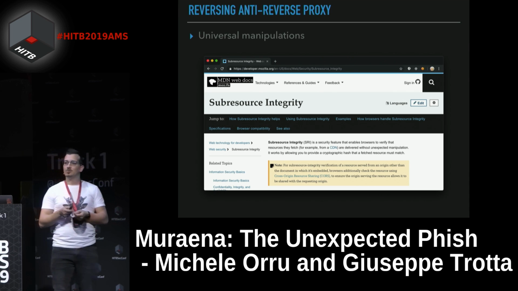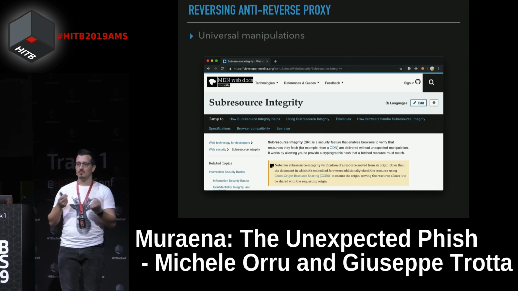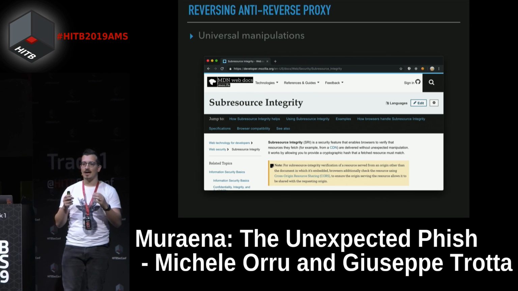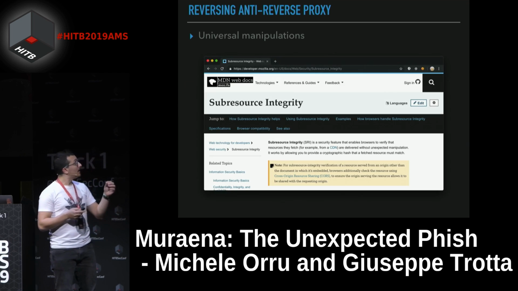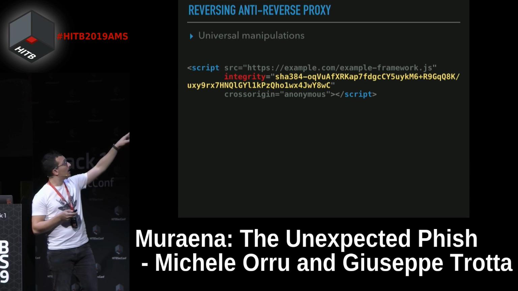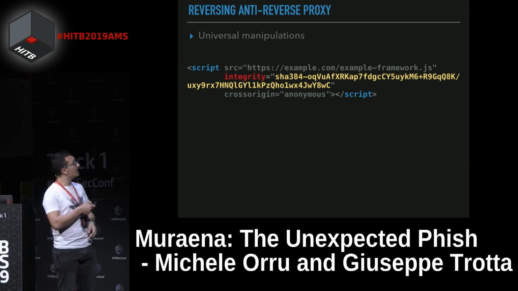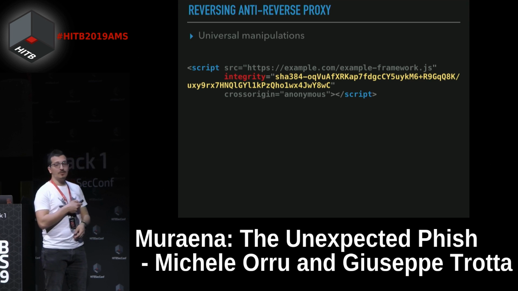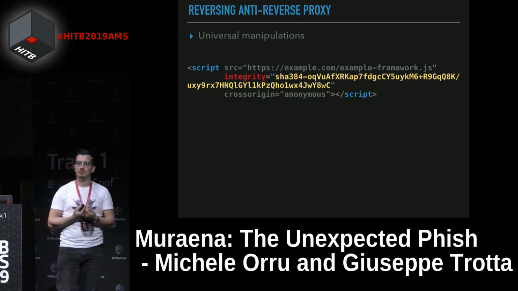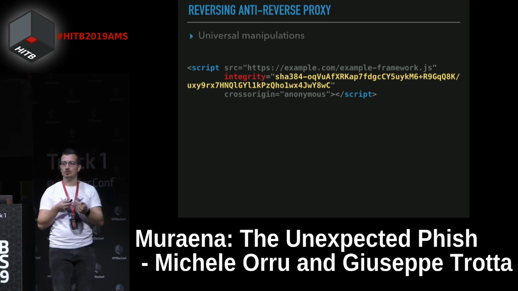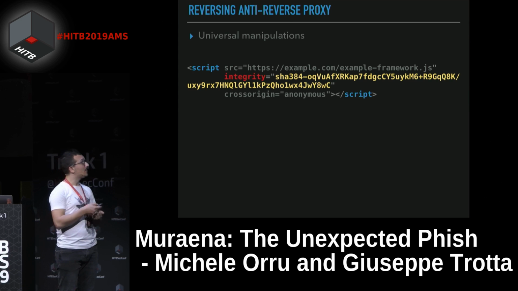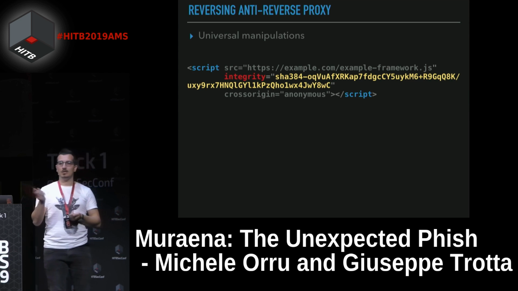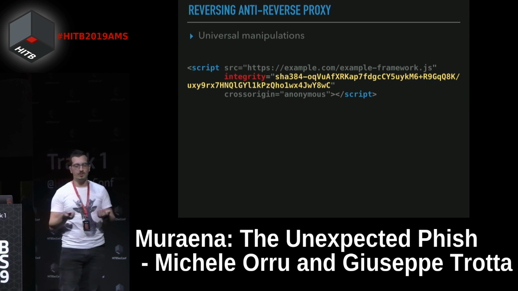So in this way, when we decide to use some resources, we compute a hash, and then we put it inside the element as the integrity attribute. So when the resource is loaded in the browser, it will compute the hash of this resource again. If it matches, it's fine. Otherwise, it won't execute. So it's a security measure.